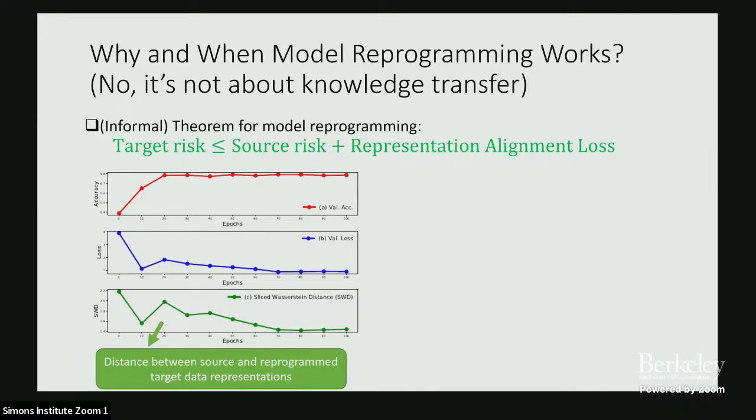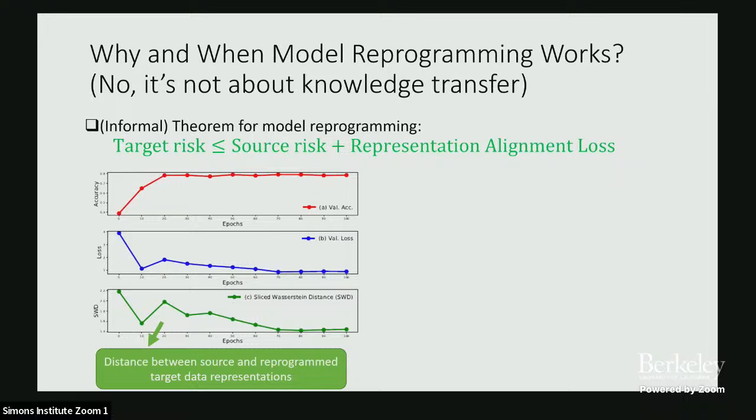So this is just some numerical validation. When we train the reprogrammed models and get high accuracy, I would like to focus on the third row, which is the sliced Wasserstein distance between the source data and the reprogrammed target data's representation. You do see that when the accuracy goes high, the statistical distance between these two sets of distributions becomes smaller, which means the representation alignment loss is actually lower.